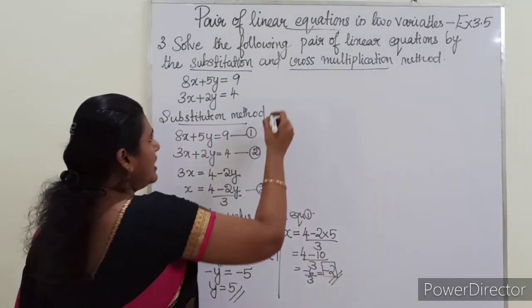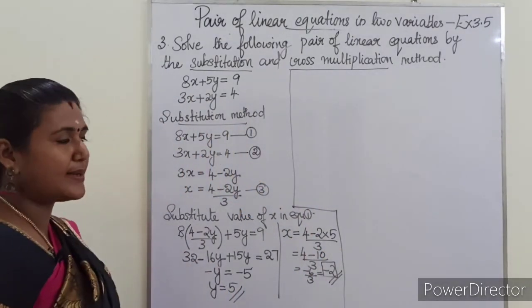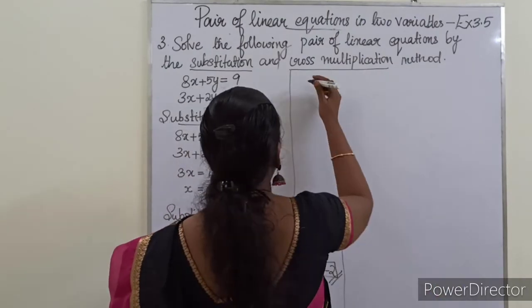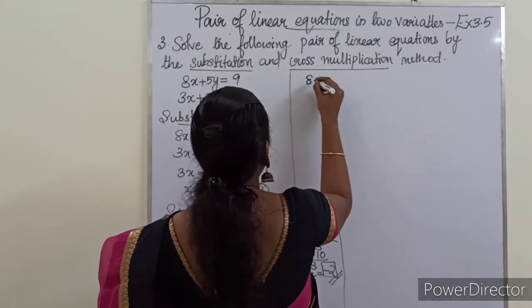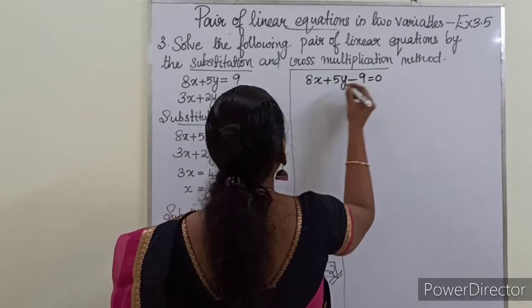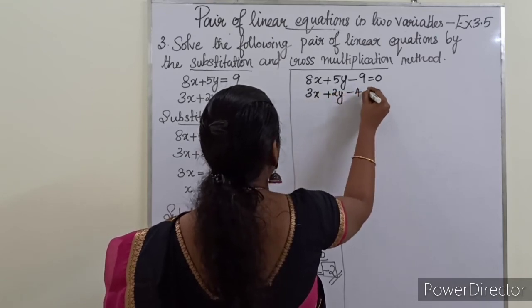Now we are going to solve the same equations using the cross multiplication method. So first we have to rewrite the equations in standard form, that is 8x plus 5y minus 9 is equal to 0 and 3x plus 2y minus 4 is equal to 0.